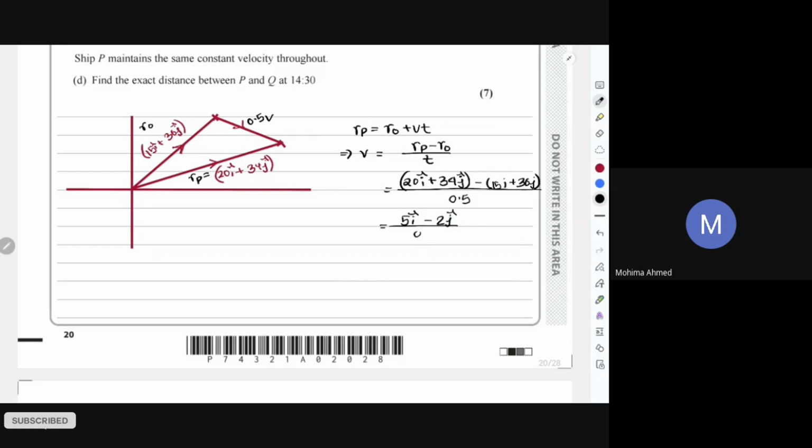And dividing this by 0.5, 0.5 means what? Half. 5 divided by half makes it 10. 2 divided by half makes it 4. So we have 10i minus 4j kilometer per hour, right? This is the final velocity expression. Any problem from this one?